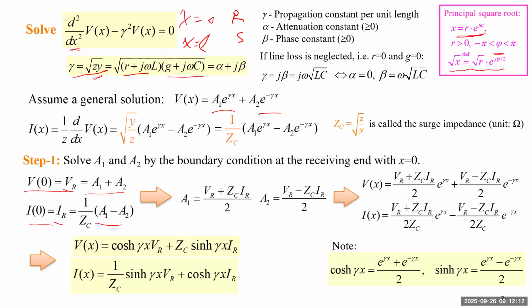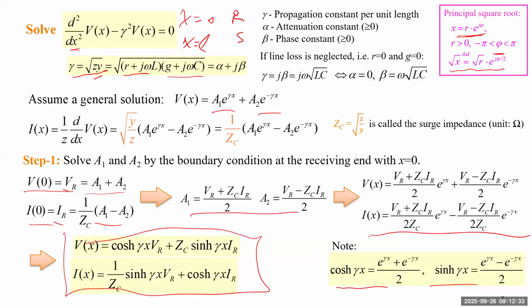Since we only have two unknowns, we can solve them. Then we'll have the accurate formula describing how the voltage and current change along the distance of the line. To simplify this formula, we can introduce the hyperbolic functions, cosh and sinh, which will largely simplify it.